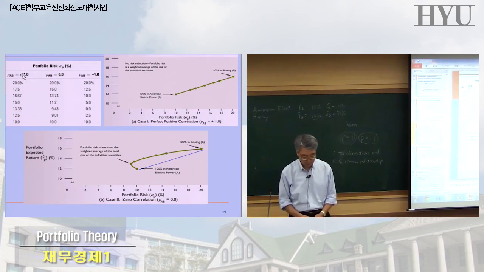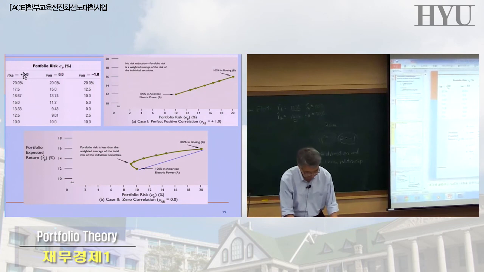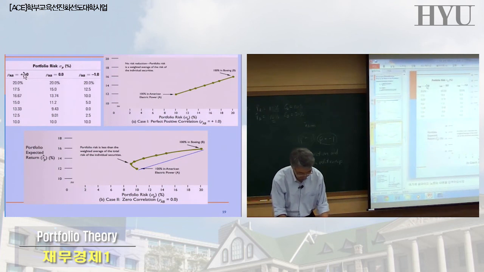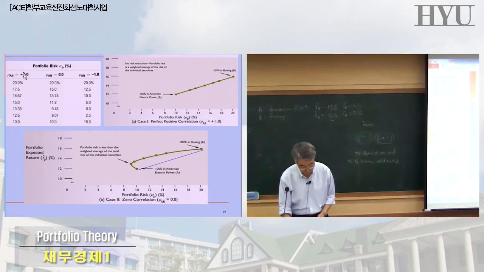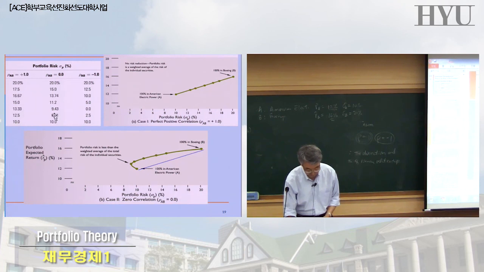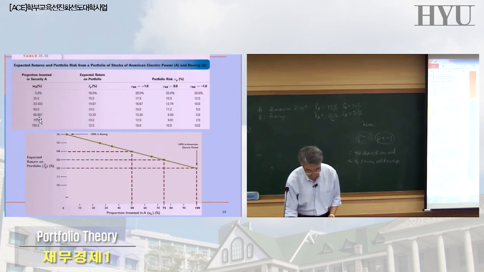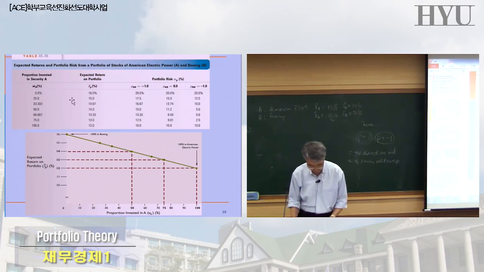So if you want, you can try, let's see. Let's say for the second line from the bottom here, that would be 75% for A and 25% for B. Okay?